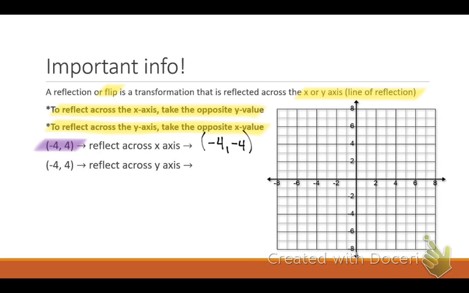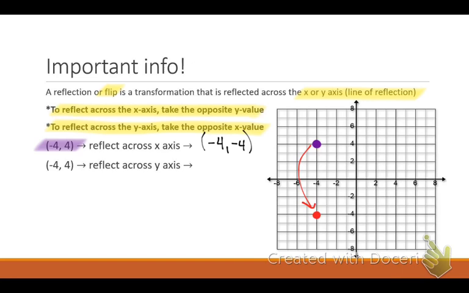So now, let's do the reflected point that we just came up with, -4, -4. Does everybody agree that it would go here? Yes. So according to my ordered pair, that's where the red point is. And look, it was now reflected down across which axis? The x-axis, which is what it told me to do. So when I reflect across x, I take the opposite y value.